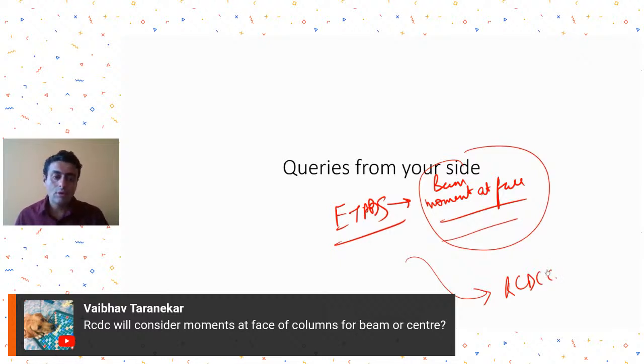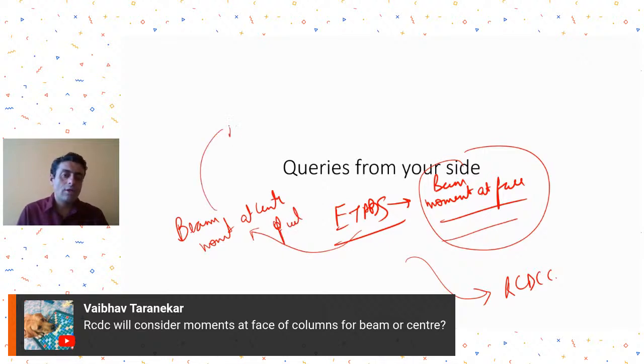If you change the setting in ETABS, there is an option to change it using the joint offset command. If you tell ETABS to please consider beam moments at center of the column, and then take it to RCDC, it will consider the beam moments at center of the column. So whatever setting you do in ETABS, accordingly it will consider the beam moments.